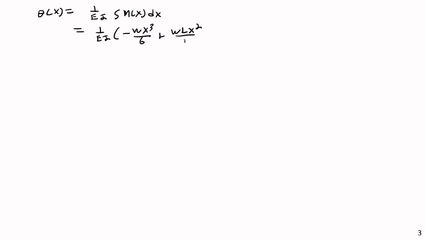So theta as a function of x is equal to 1 over EI times the integral of M as a function of x dx, and if you take the integral of the previous function, you will get 1 over EI times negative Wx to the third over 6, plus WLx squared over 4. But of course, we cannot forget our trusty constant, so plus C3, a constant 3.